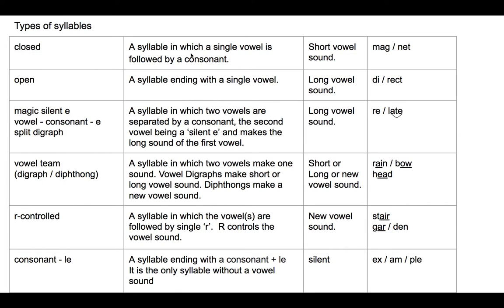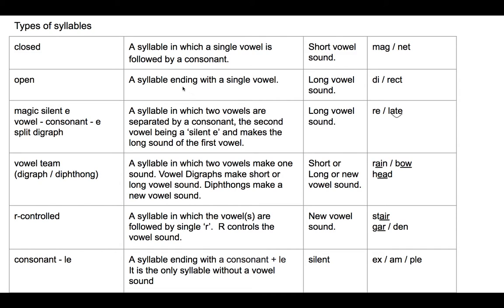A closed syllable is one in which a single vowel is followed by a consonant. For example, magnet. Here there is a vowel and it is followed by a consonant. So this syllable is a closed syllable and also this one is a closed syllable.